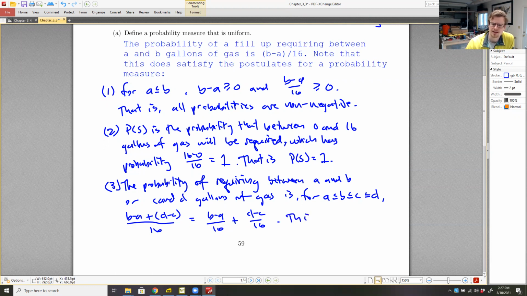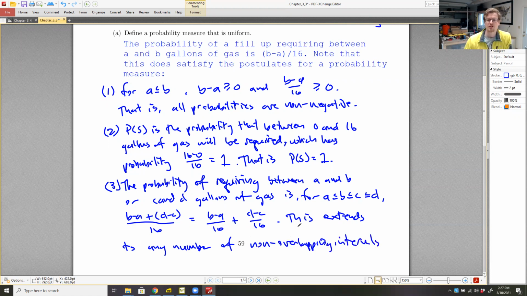And it's worth noting that this extends to any number of non-overlapping intervals. So postulate 3 is satisfied as well, because the one probability here is the sum of the individual probabilities, which is exactly what we needed to show.